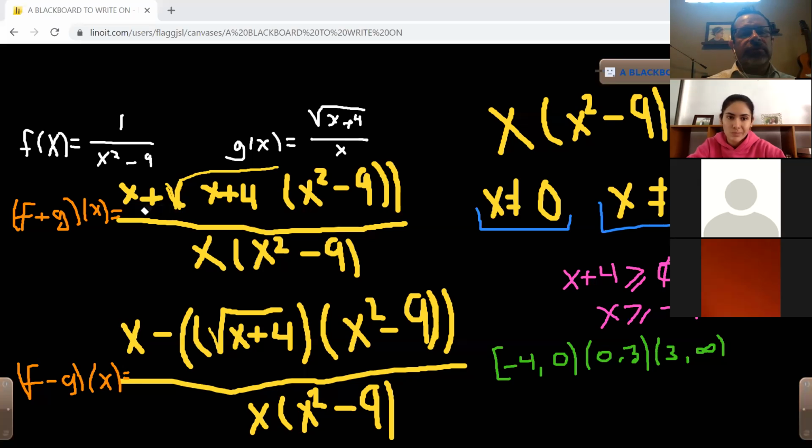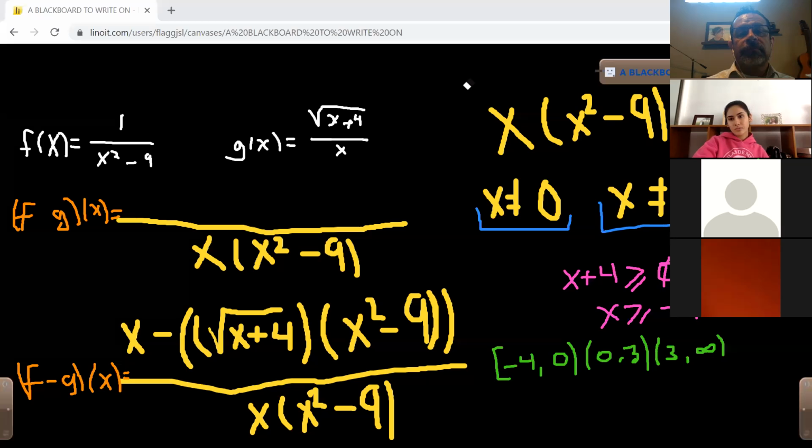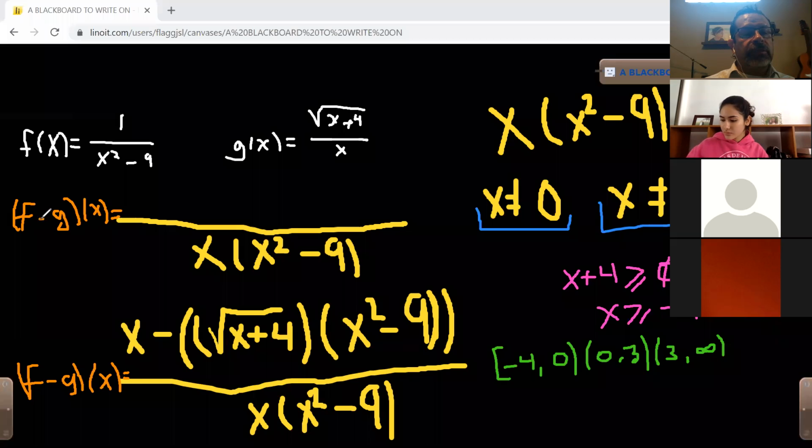I'm going to clear these. I'm not going to clear all of them, just part of them. And I'm going to use part of what Andrea wrote here. If we're going to be doing the product or multiplication of the two functions, then we would have this function multiplied by this one, and what would we have here?